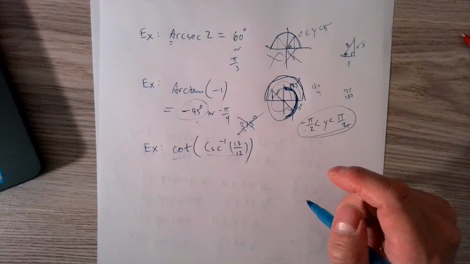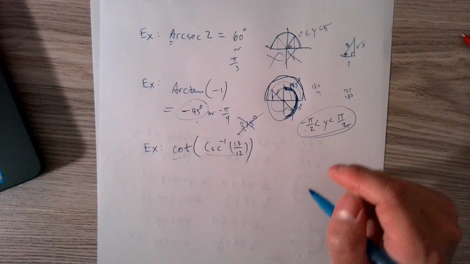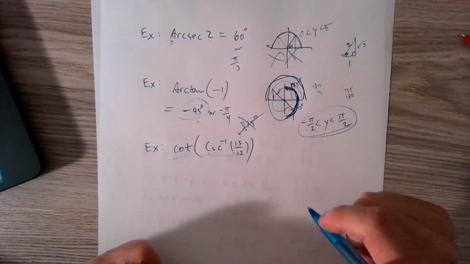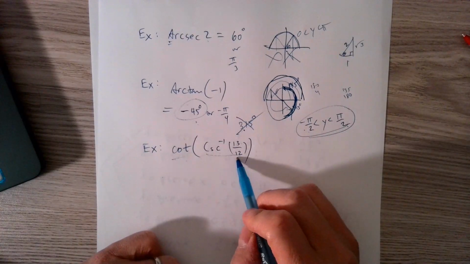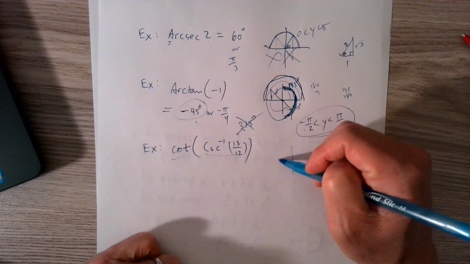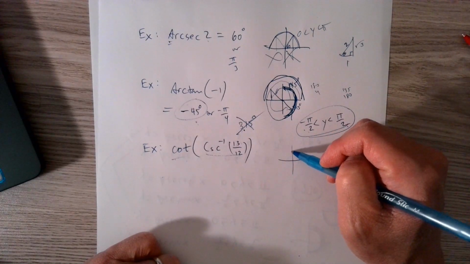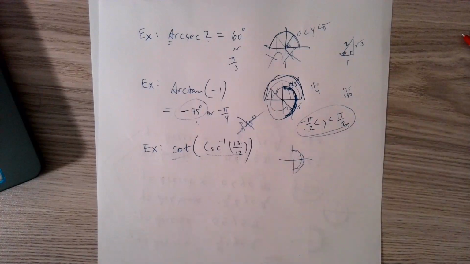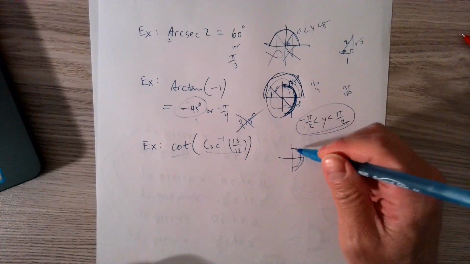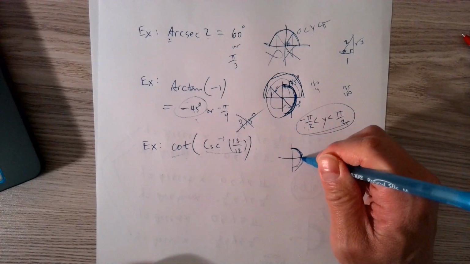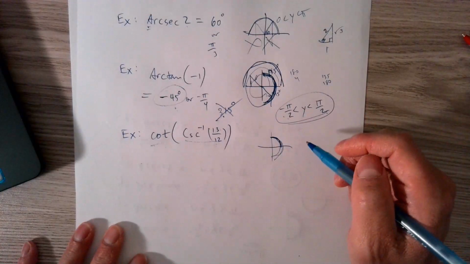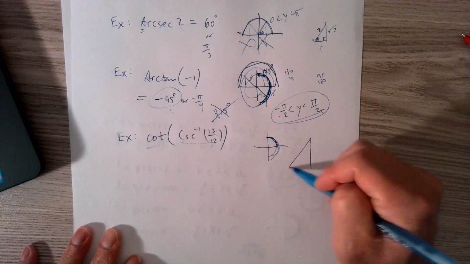Draw the triangle. So where is this triangle? Well, the cosecant is positive. Alright, so our cosecant range is here. And our cosecant is positive, not negative. So it's somewhere in here, right? That means our triangle is going to look like this.